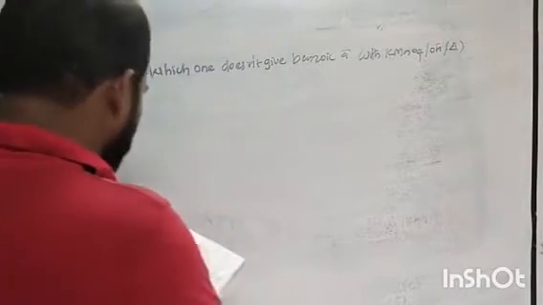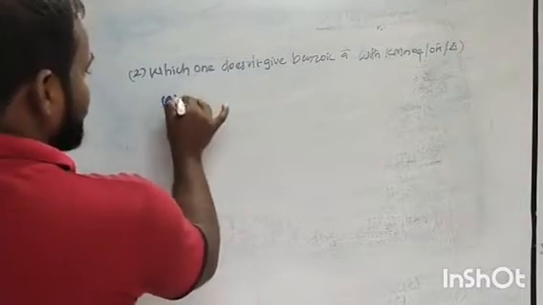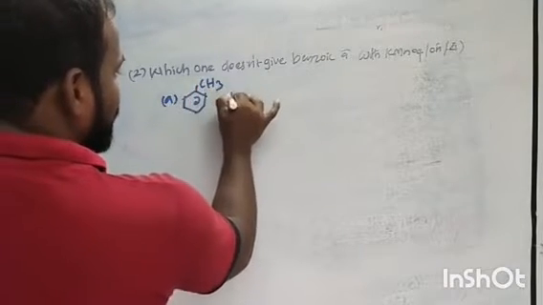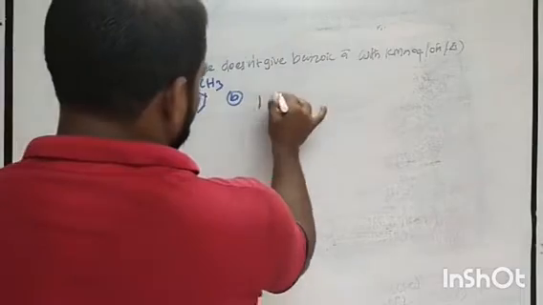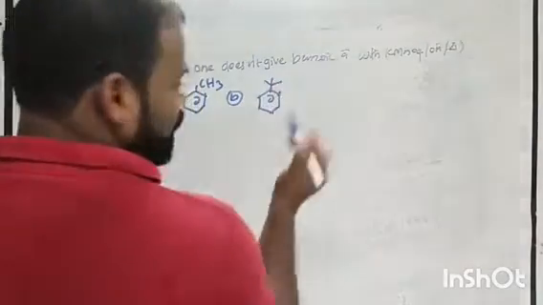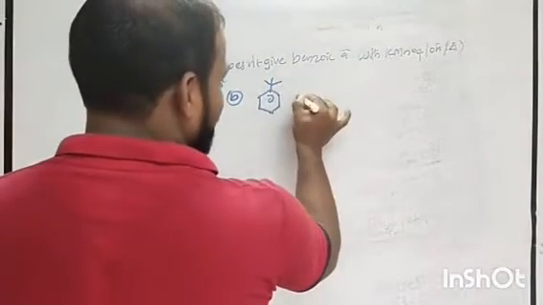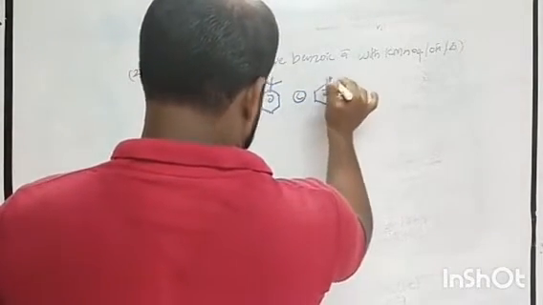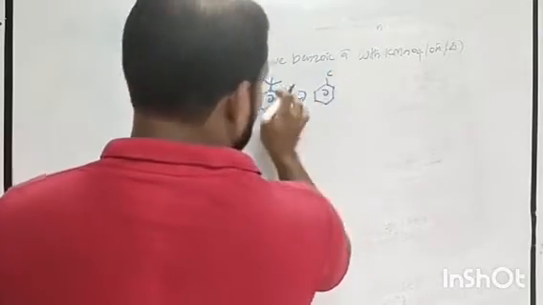Listen here, options. First option, toluene, CH3. Second one, this compound. What is the name of this one?